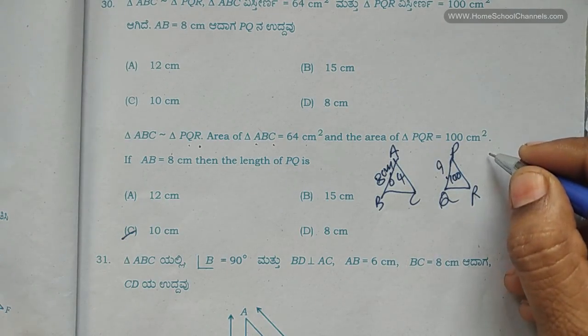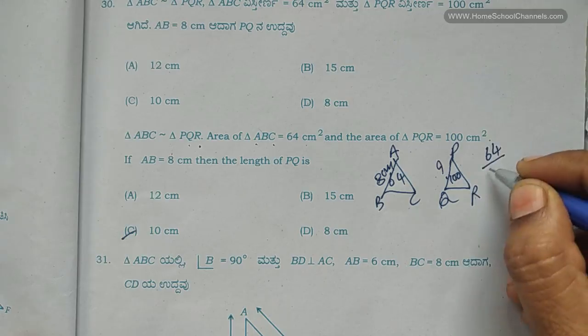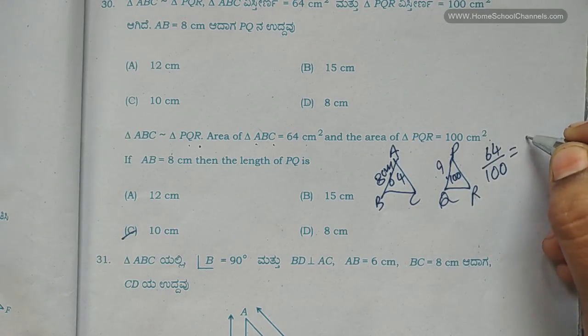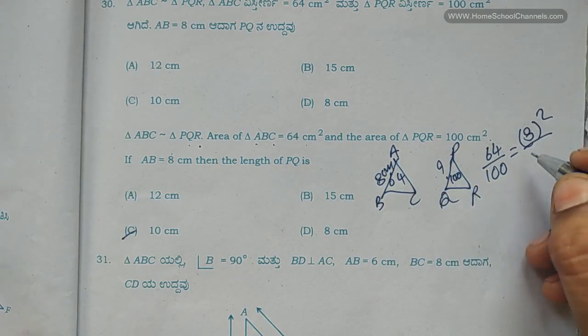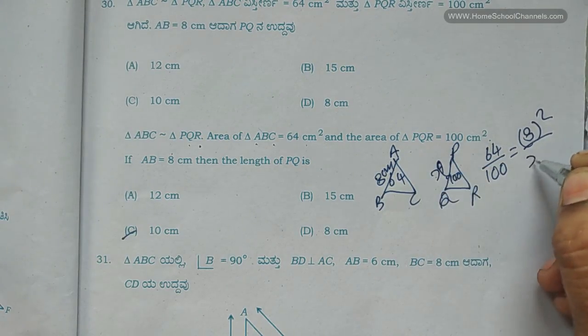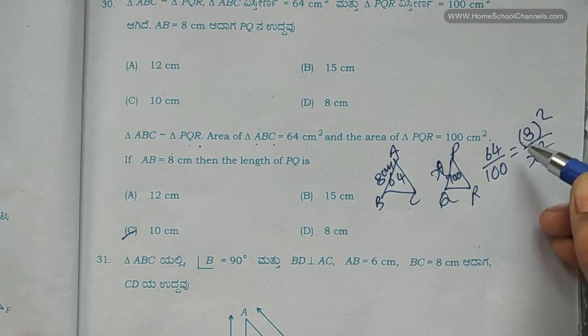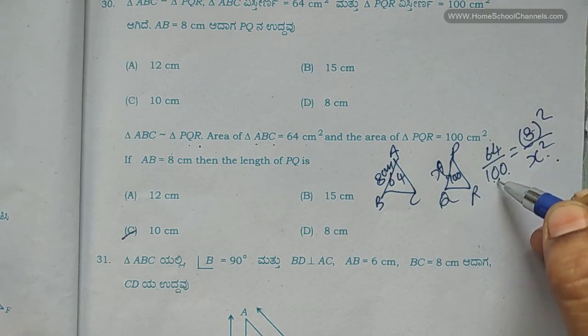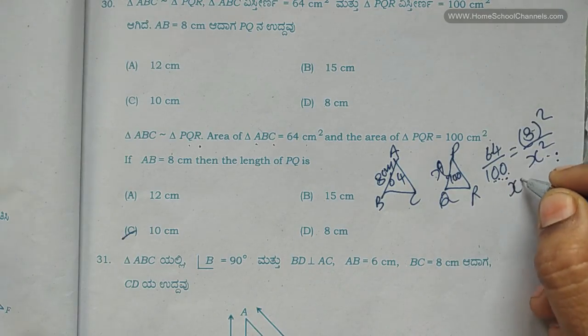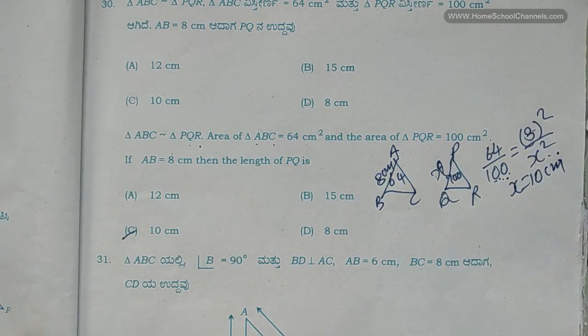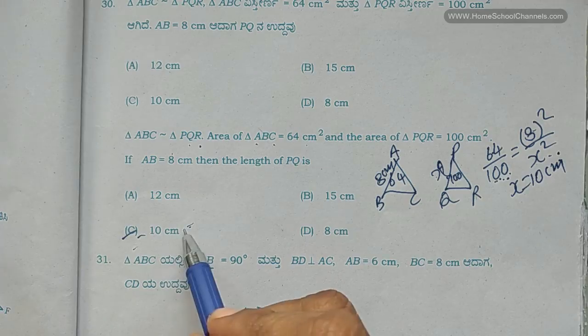We know that the ratio of the areas of two triangles is equal to square of the corresponding sides of the triangle. We don't know this, X. x square. Or directly you can say 8 8s are 64. 100 is a perfect square of what? 10. Therefore, x is equal to 10 centimeters. Option C, 10 centimeters is the right answer.